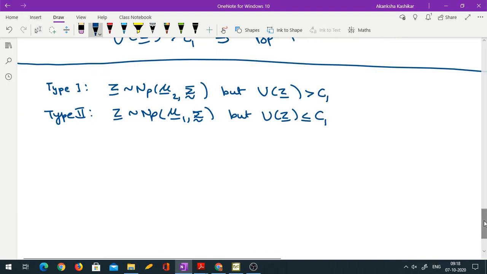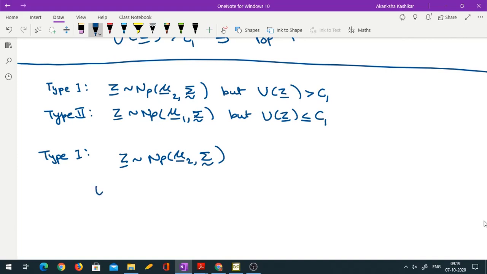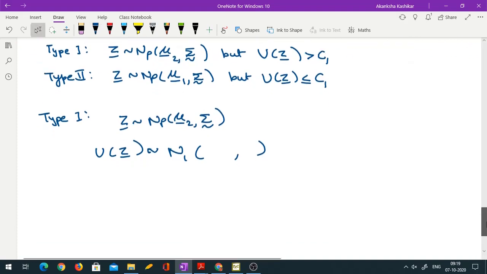If I want the probabilities of these two types of misclassification errors, then I need to know the distribution of uz. uz is a linear function of z, and we know that z is multivariate normal. So under the type 1 setup, if z is coming from mu2 sigma, what is the distribution of uz? Since it's a linear function, it's going to be normal with some mean and some variance. We need to compute these values.